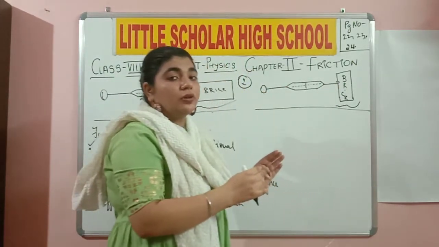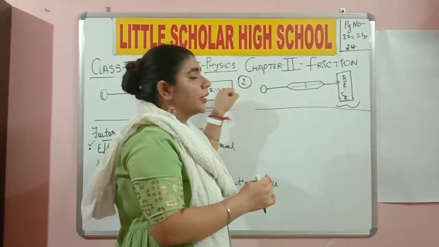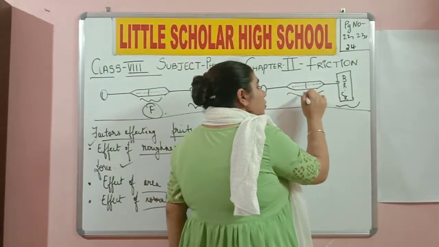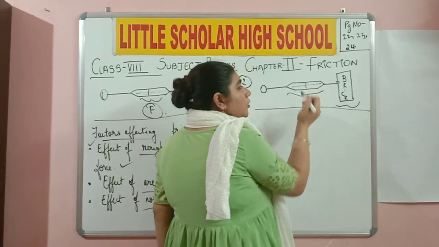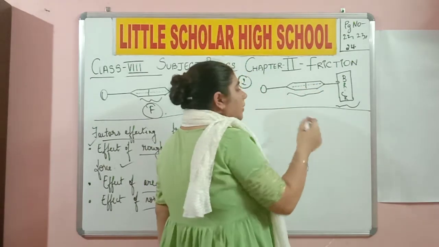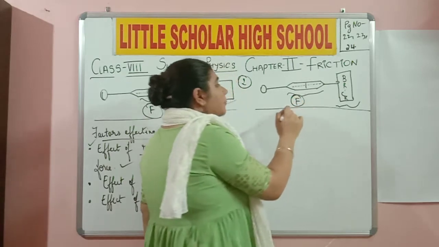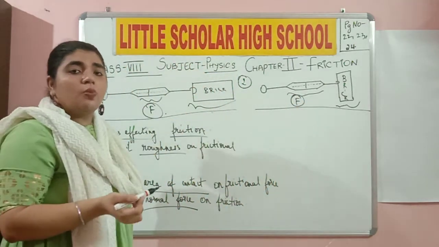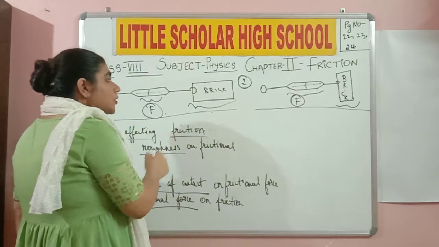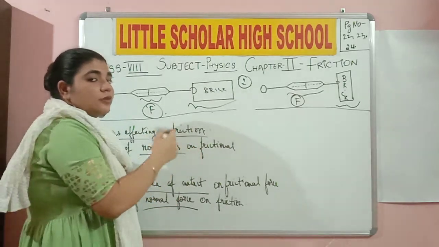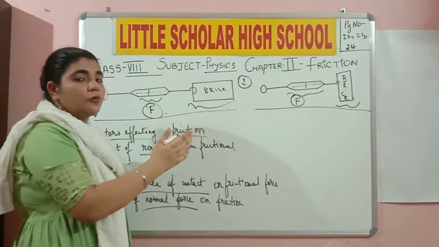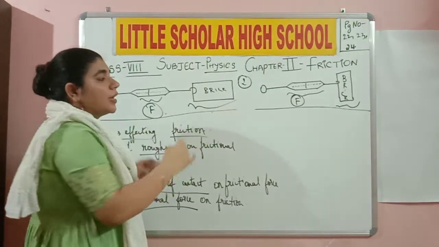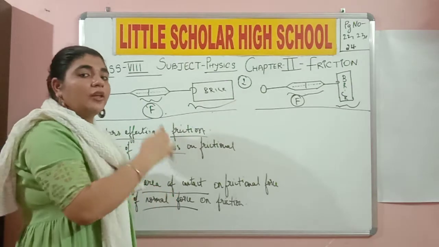So now what am I going to do? I am going to try pulling the brick with the help of the spring balance, and again I am going to note down the force readings which are being displayed on the spring balance. I notice that both the force readings on the spring balance are the same. So what does this show? That the frictional force, the limiting or resisting force which is stopping the brick from moving further, is the same, and it is independent of area of contact.